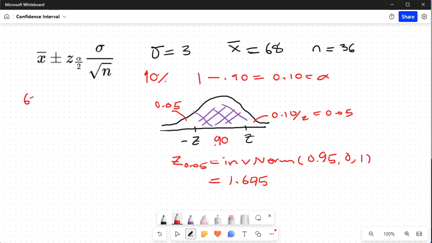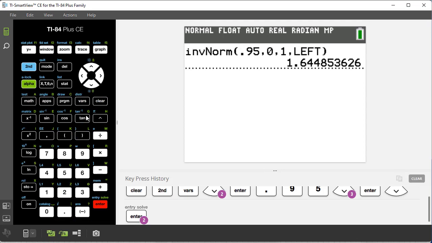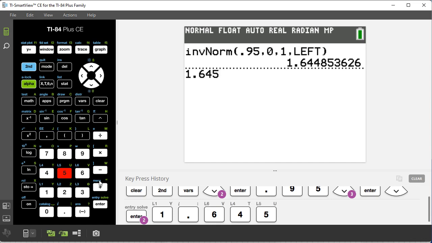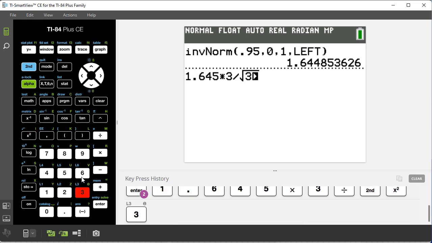Now, what we'll need to do is plug in what we know. We know that x bar is 68 plus or minus 1.645 multiplied by 3, divided by the square root of 36. If we want to compute the margin of error, we can just take 1.645, multiply by 3, and divide by the square root of our sample size, which is 36.